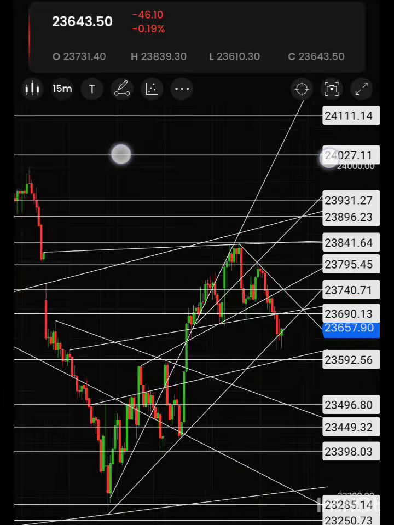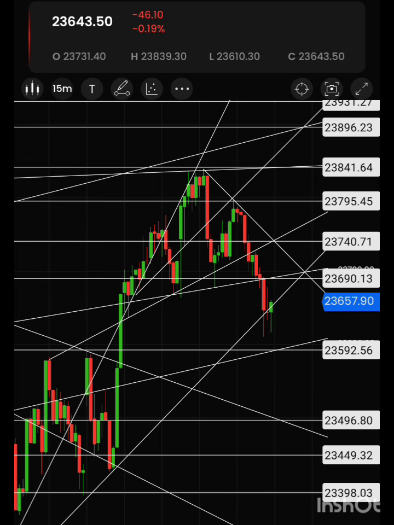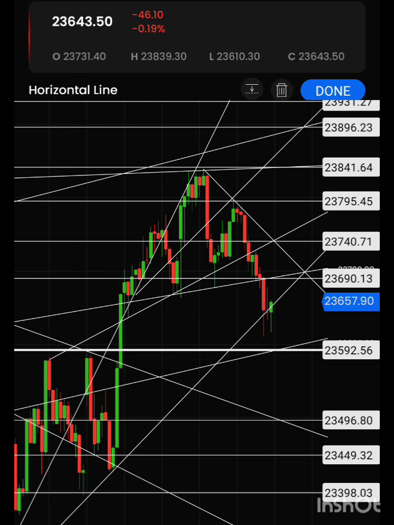These are the next expected targets as per this trend line base. So you can trade accordingly: 23,592 is the crucial point for the downside, and 23,740 is the resistance for the upside. Selling pressure will come around the 23,690 range. Please trade as per these levels and mark them as well.